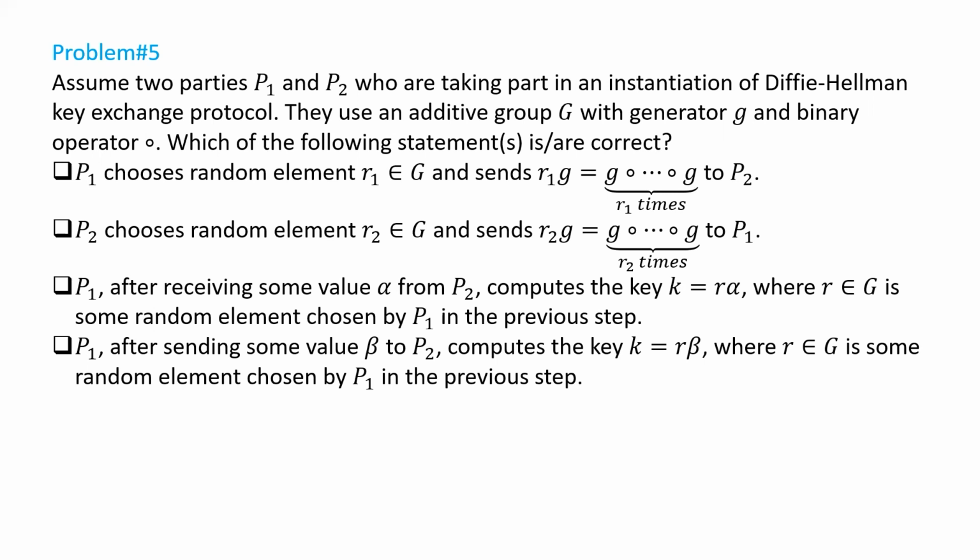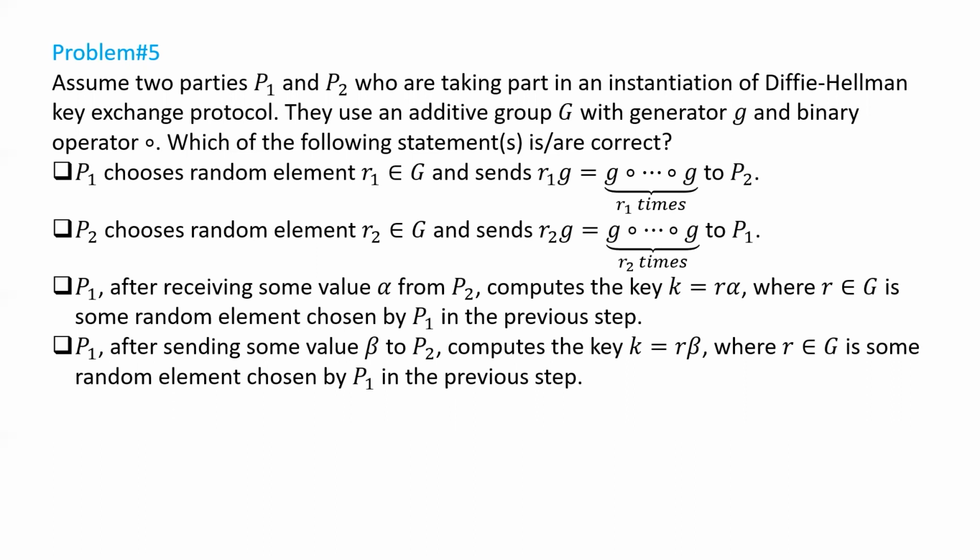P1 chooses a random element r1 belonging to G and sends r1g, equal to g applied with this binary operator with itself r1 times. That is the notational meaning of r1g. So P1 sends r1g to P2. Also, P2 chooses a random element r2 belonging to G and sends r2g to P1.